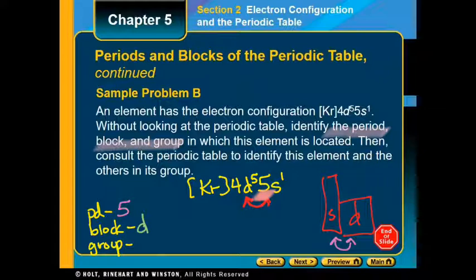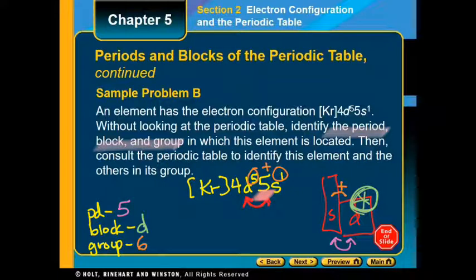Once you recognize it is d block, the absolute easiest thing to do at that point is to add up electrons between s and d. 5 plus 1 is 6. So that is group 6.